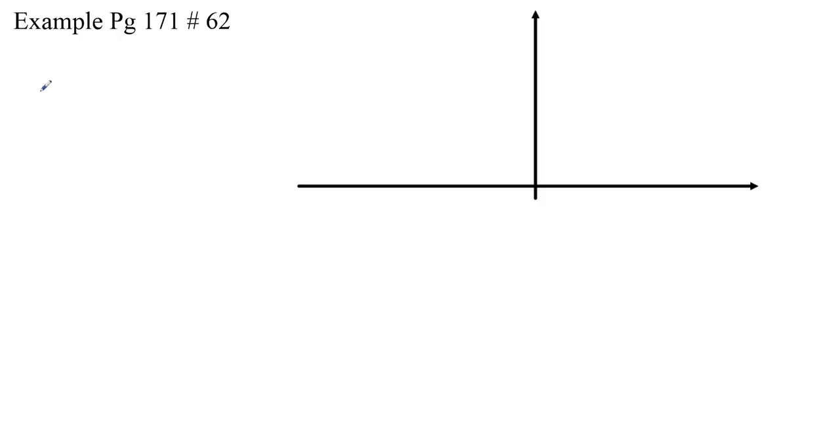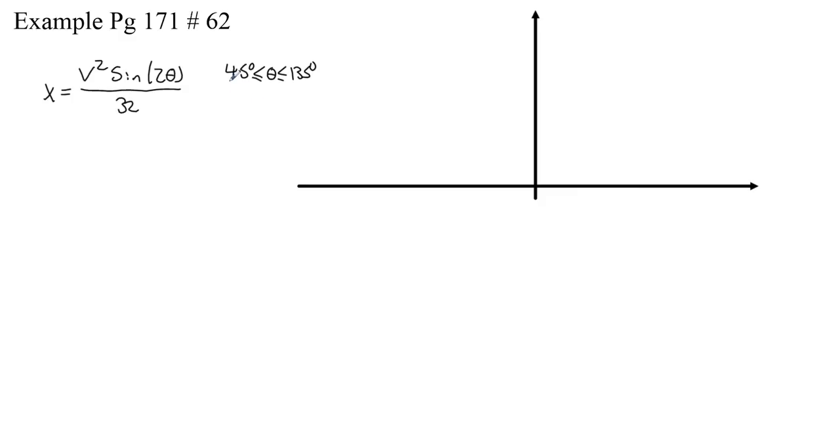Okay, so they give us this function. It's x equals v squared sine of 2 theta, all over 32, and they say theta goes from 45 degrees, less than or equal to theta, less than or equal to 135 degrees.